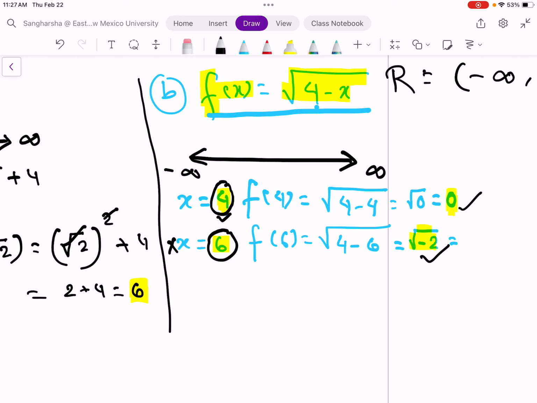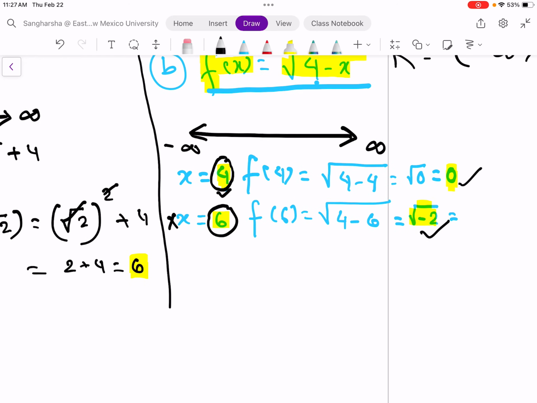Anything less than 4. So any number less than 4 is in the domain or is not in the domain? So any number less than 4, let's take positive 1. Is positive 1 in the domain for this function? Yes. What about negative 4? Is negative 4 in the domain? You can always check. You can choose your input negative 4 and find f of negative 4.